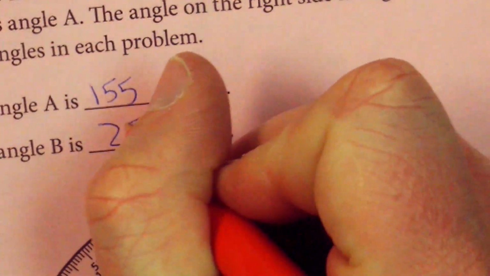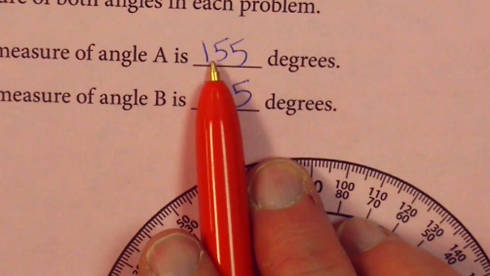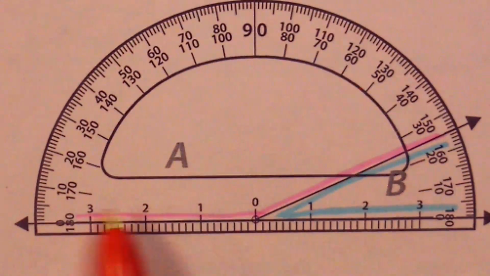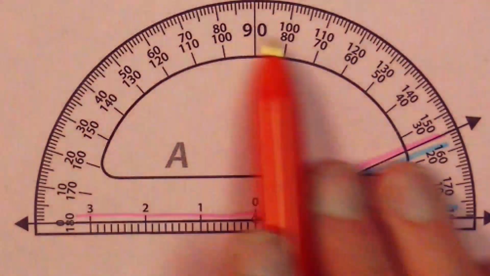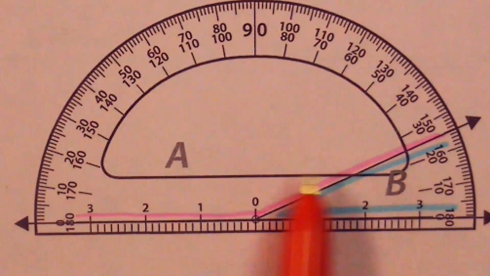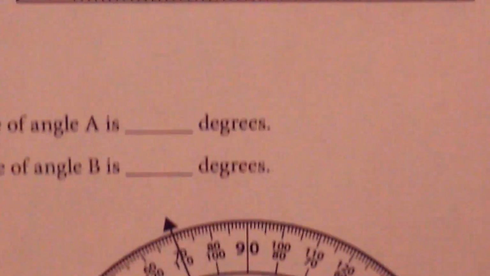And visually and numerically, this should make sense. 155 is bigger than 25 by quite a bit. And if I look at these two angles, the A angle is bigger, way bigger than B. So it would make sense that this one is 25, but this is 155. Okay? Same thing down here.